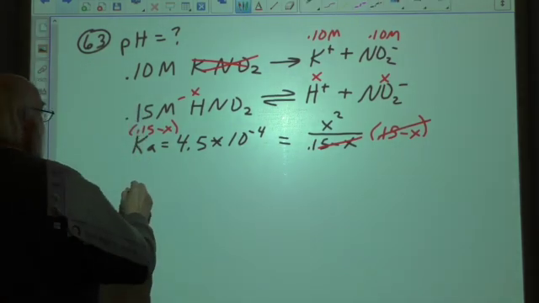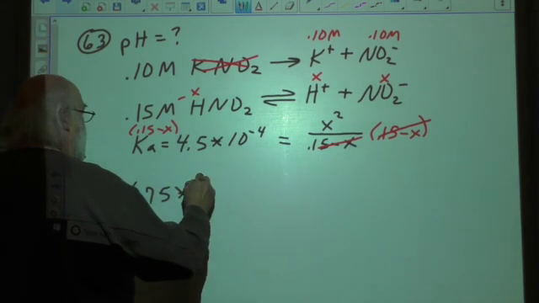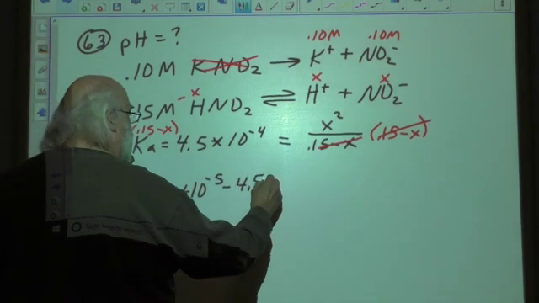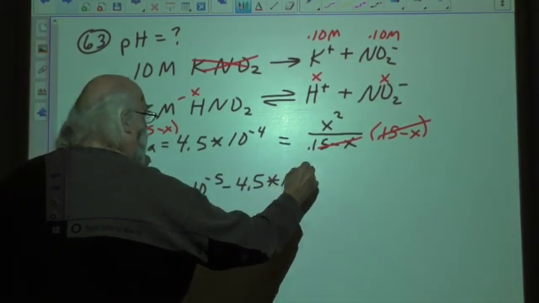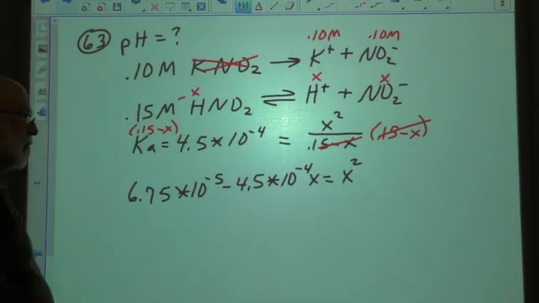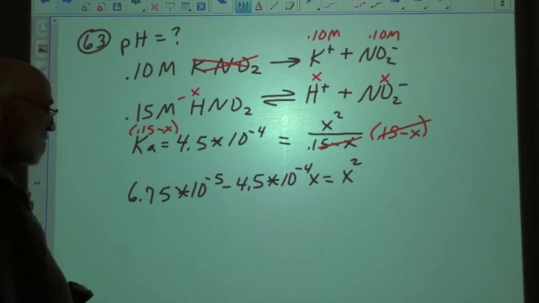Alright, so I get 6.75 times 10 to the negative 5 minus 4.5 times 10 to the negative 4 x equals x squared. Now I'm going to bring the x squared over, switch those two around, so I have the descending order of degrees of x.